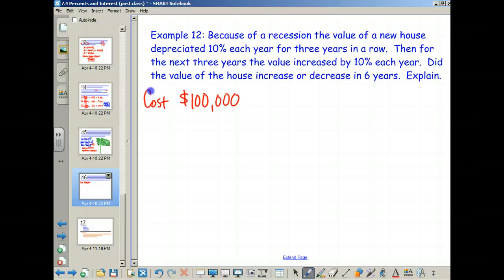So this is the beginning, and then we're going to say year one. So in year one, it goes down 10%. So I take my $100,000 and I decrease it by 10%. So what can I do to show a decrease of 10%? There's two different things I can do. Okay.